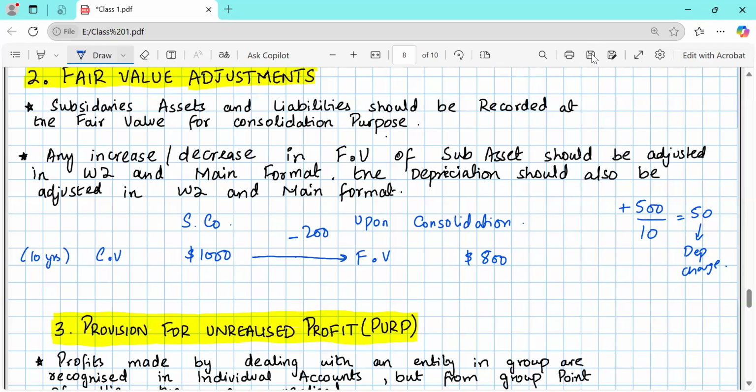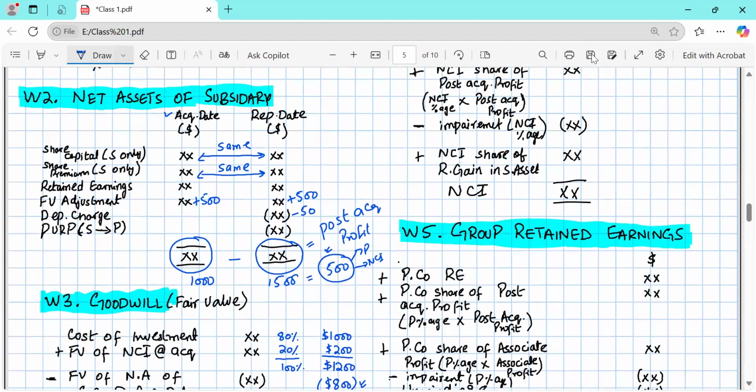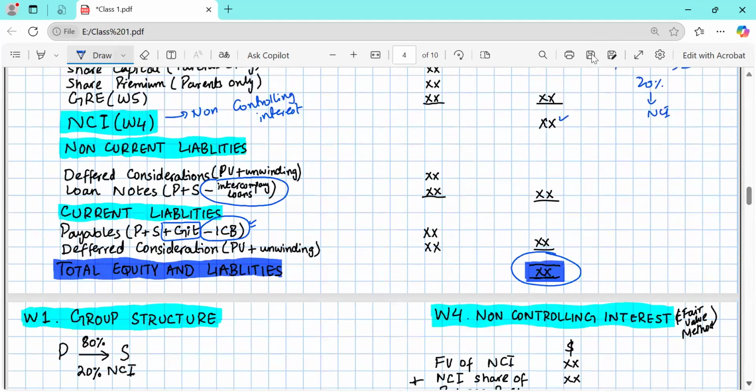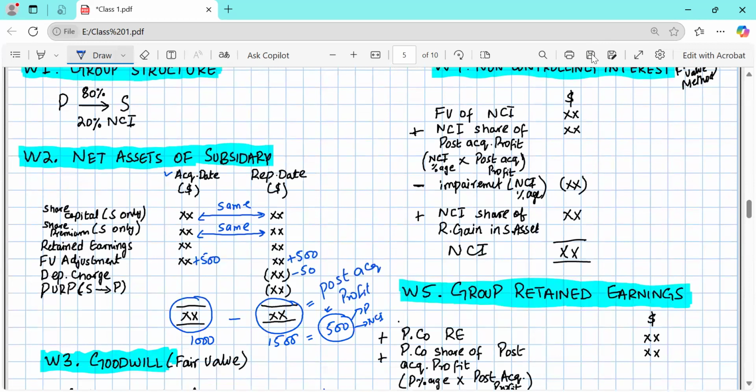So now in the main format here, you will not do plus 500, you will do minus 200, because now the value is decreasing, minus 200. Got the point? That if value is reducing, you will reduce that. And similarly, in working two, you will reduce that here as well and here as well, in both situations. In the acquisition date as well and in reporting date as well.